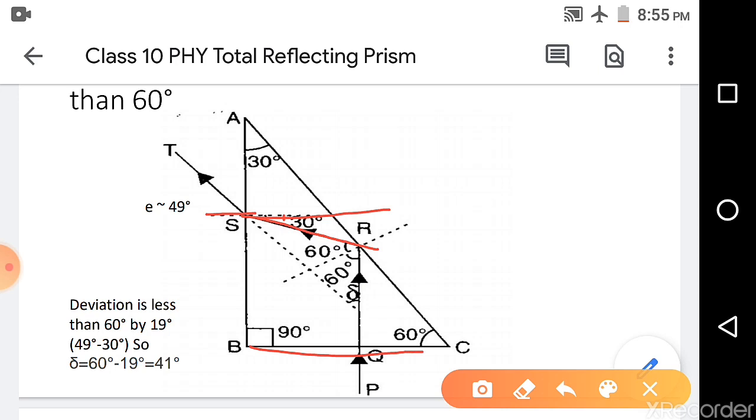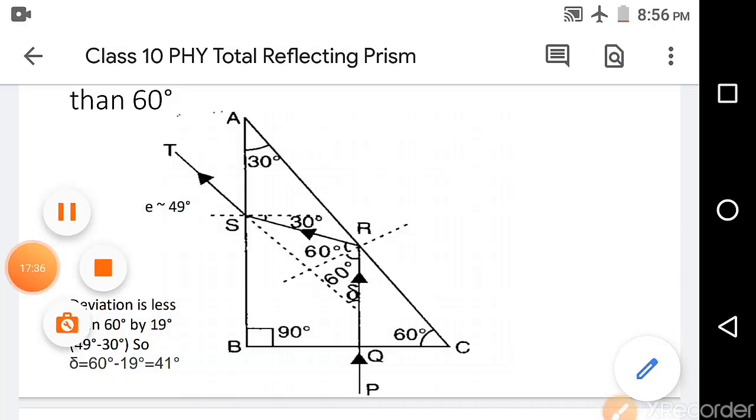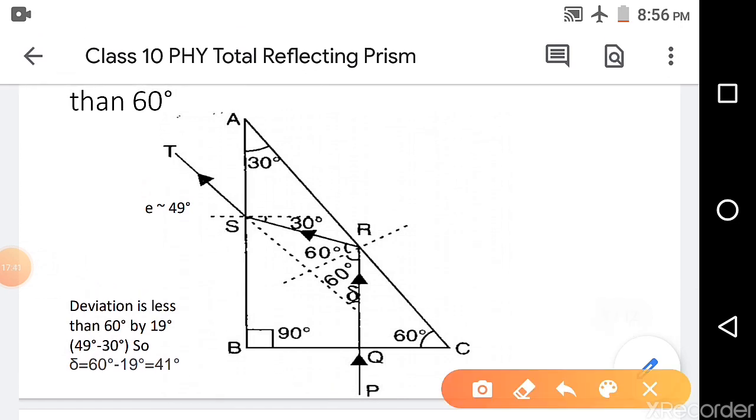See, 60 plus 60 is 120 degree, and this is 90 degree, so the difference is only 30 degree. This is simple geometry: this angle is 30 degree. So now it is incident with an angle 30 degree.